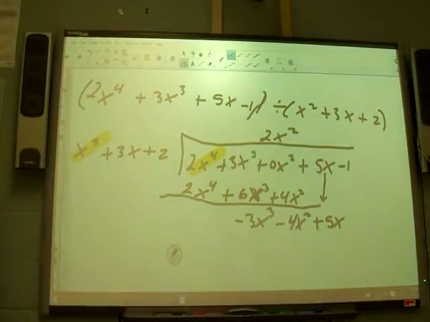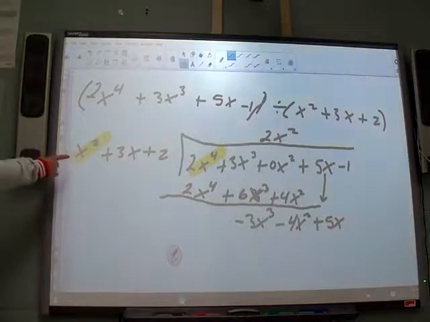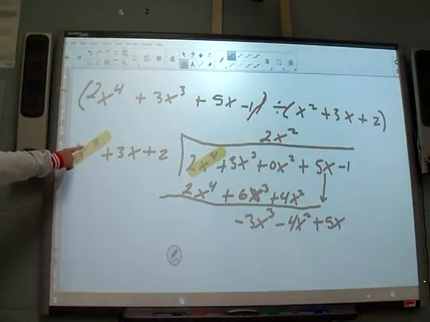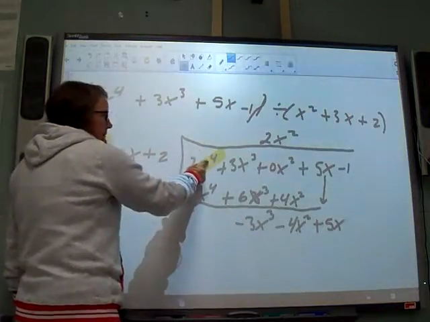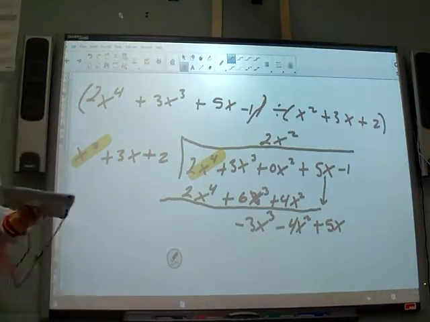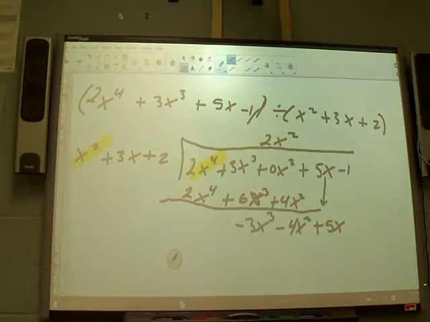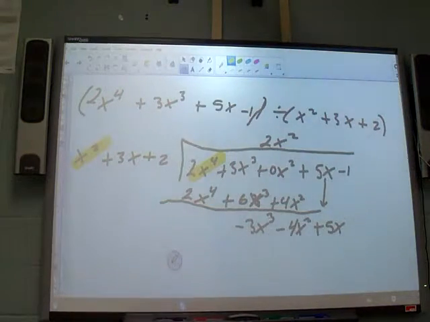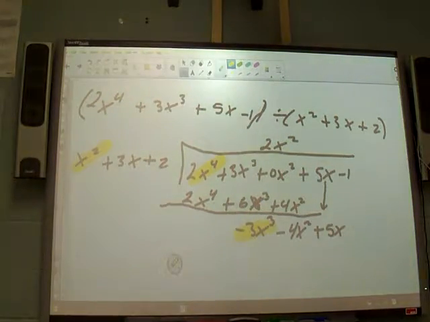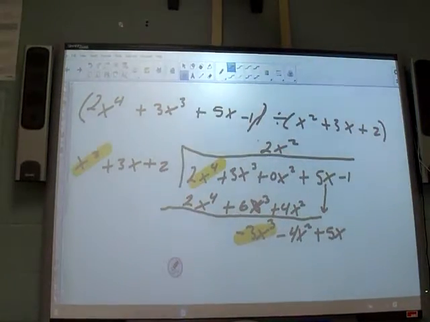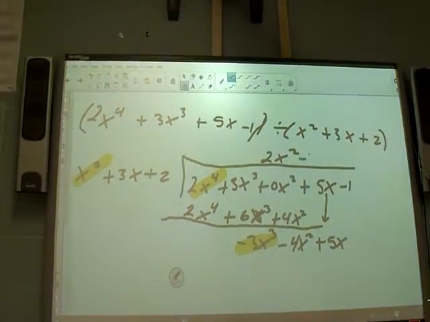We start that whole phase over again, but now we use our new numbers down there. So x squared times what makes that? Just like we did up here, now we're using that one. So let me highlight that one for you. I got to figure out x squared times what makes negative 3x cubed, and Grant's got you started off with a negative 3, so I'm going to put that up here on the roof.